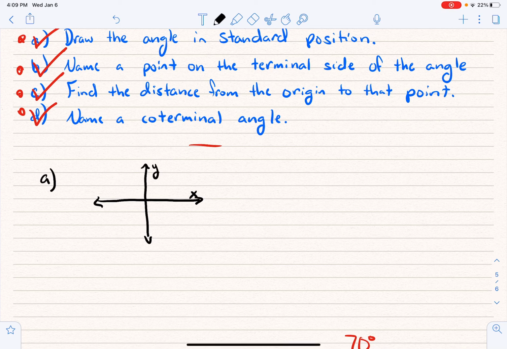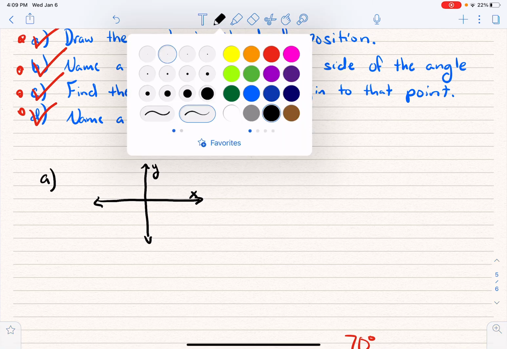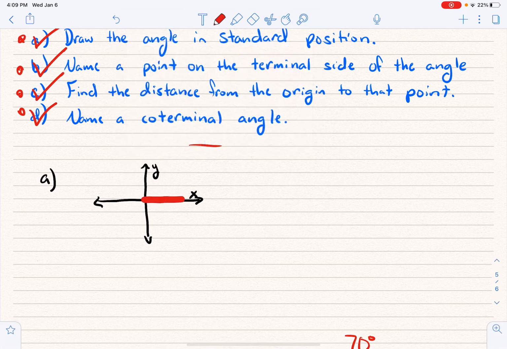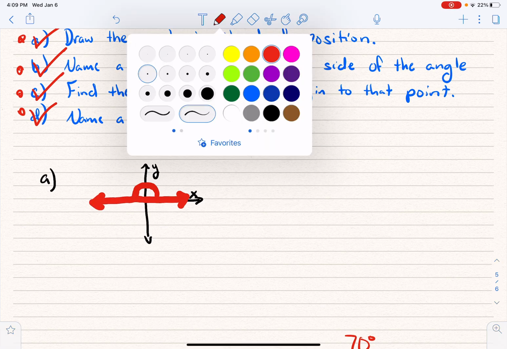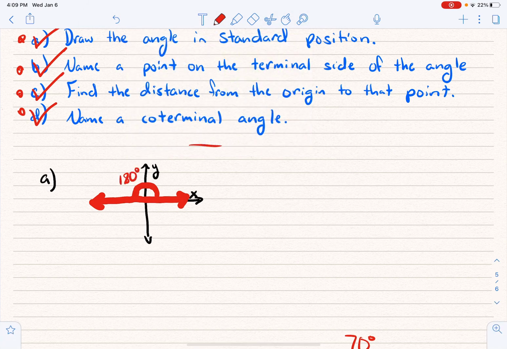And we say, all right, I gotta draw 180 degrees. Well, I know that it starts on the positive x-axis, and 180 degrees would go to right here, and it'd end on the negative x-axis. Okay, and so that is 180 degrees. Check, did the first one. Second, name a point on the terminal side.